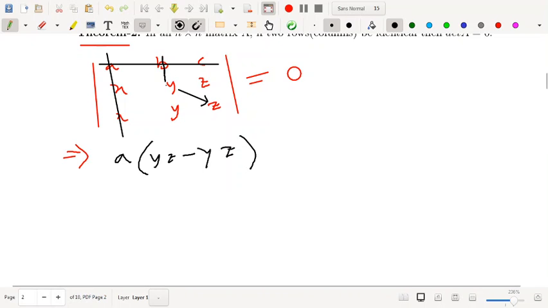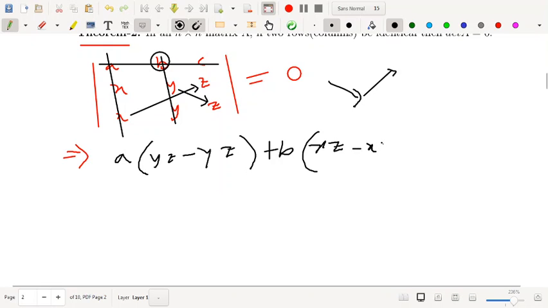Again considering the second column, the intersection is B, and this is hell to heaven, so XZ minus XZ.